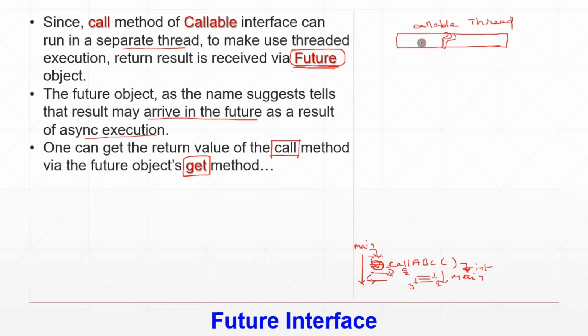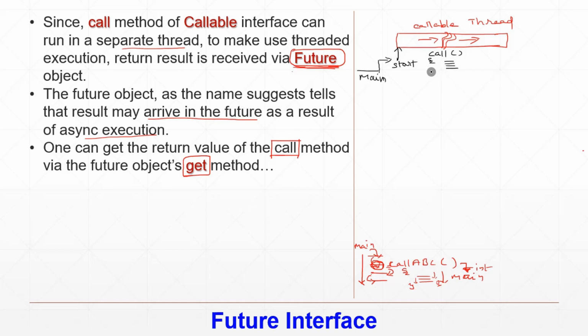Let's state that this is a callable thread. Say there is a main thread which starts the thread. The code for the thread will be placed in the call method override.